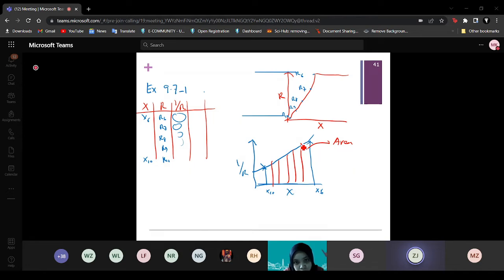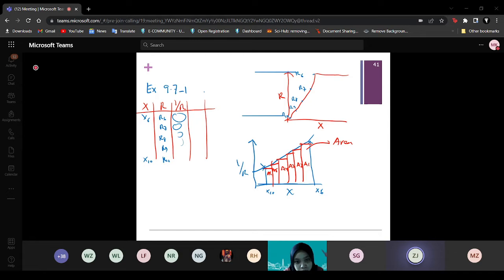In this case, they assume it is a rectangle. So you will have rectangle area 1, area 2, area 3, area 4, area 5, area 6. So how many slices do you need? If you have more slices, the area calculation will be more accurate. That's it, simple. If you have only 2 slices, normally it's not accurate.